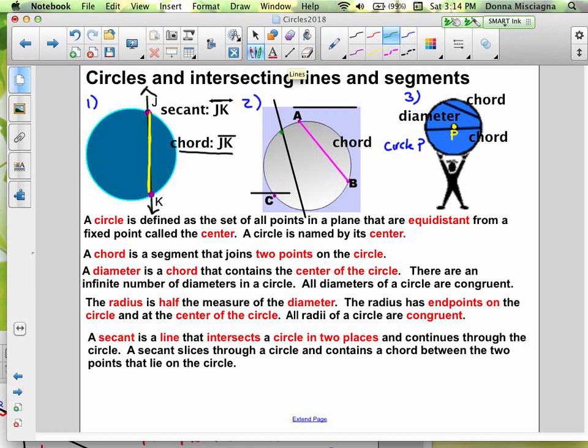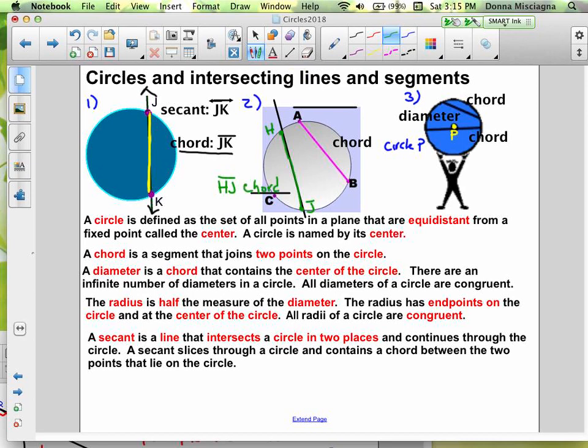Let's say this is point H, and this is point J. Now, if we just look at the distance between the 2 points, where the endpoints are on the circle, that would be segment HJ, and that would be a chord.